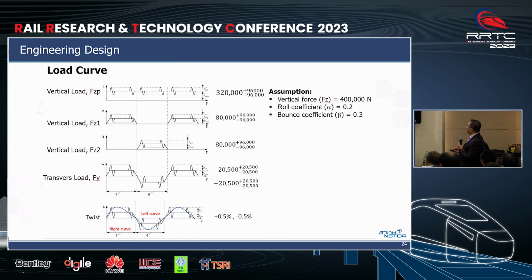We need to apply vertical load at the side barrel, vertical load on the side barrel on the other side, transverse load, and twist. In the fatigue test, twist is just 0.5%. With this, we can ensure the fatigue resistance of the bogie structure.